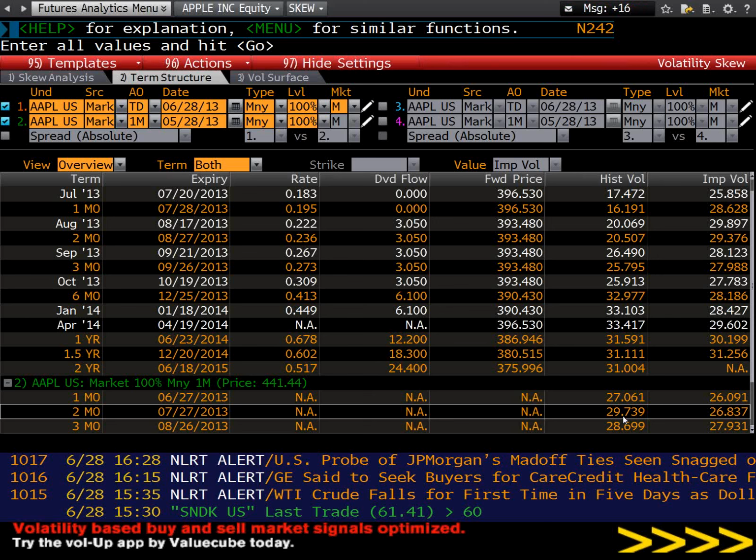Same thing. If an option is trading at 90 implied volatility, but its historical volatility is only 30, you're way overpaying for that option. And it's going to be very difficult for the price to move so much within the period of time before expiration that you will be able to make money. You may be able to do it once, you may be able to do it twice, but if you use options on a regular basis, chances are you're going to lose.